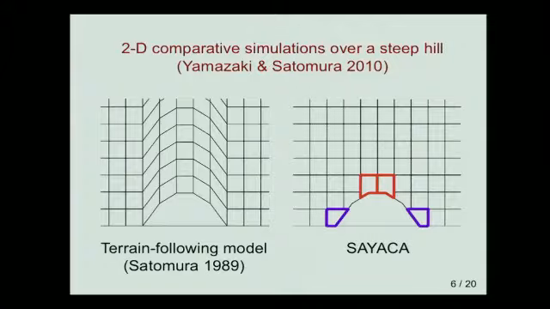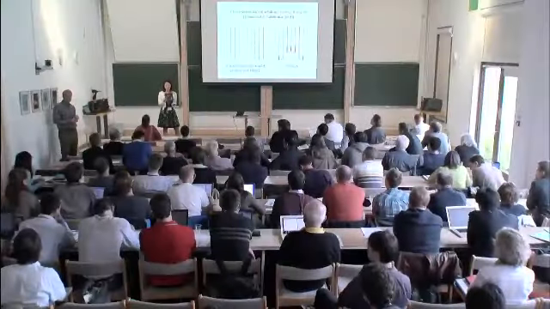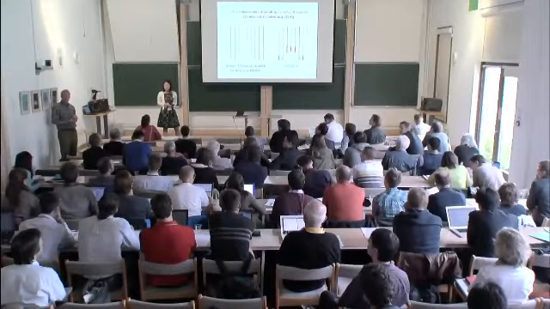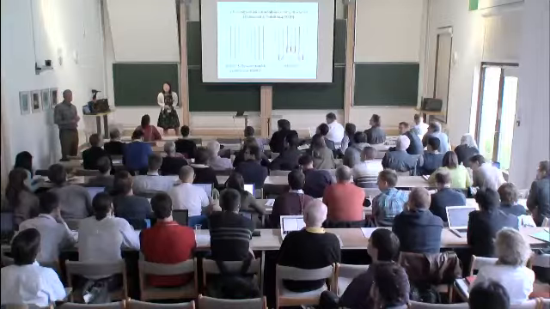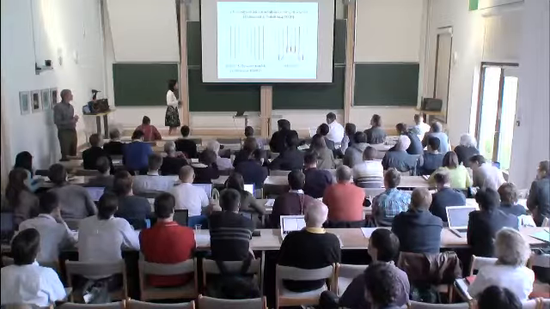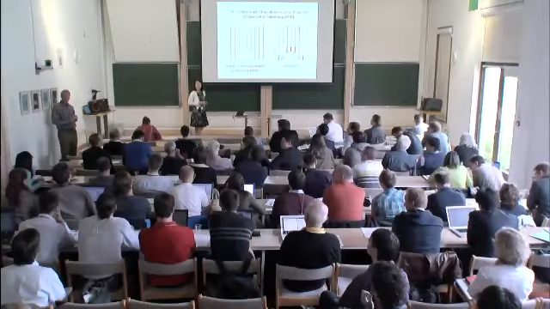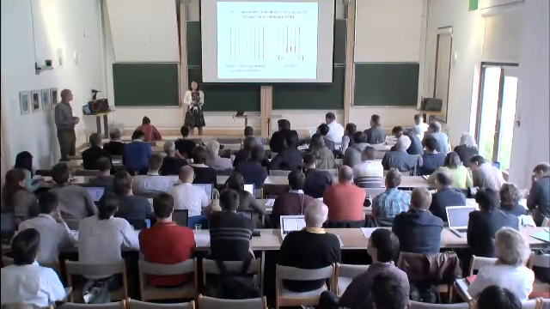So I would say the order of accuracy is nearly second order, between first and second order. In which norm did you measure it? L1, L2, and L infinity. Okay.